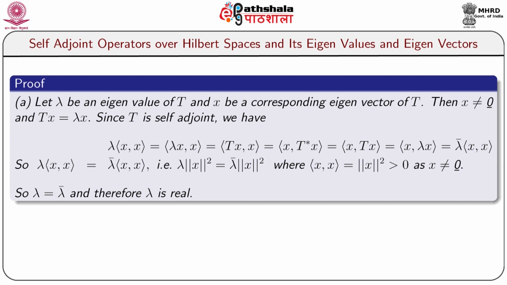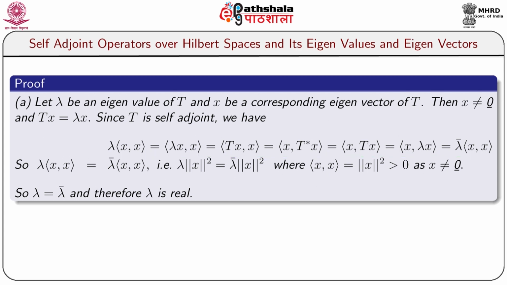Let lambda be an eigenvalue of T and x be a corresponding eigenvector of T. Then x is not the zero vector and Tx equals lambda x. Since T is self-adjoint, we see that lambda times inner product of x comma x equals inner product of lambda x comma x, which equals inner product of Tx comma x, which equals inner product of x comma T star x, which again equals inner product of x comma Tx, because T is self-adjoint and T equals T star, which equals inner product of x comma lambda x, which equals lambda bar times inner product of x comma x.